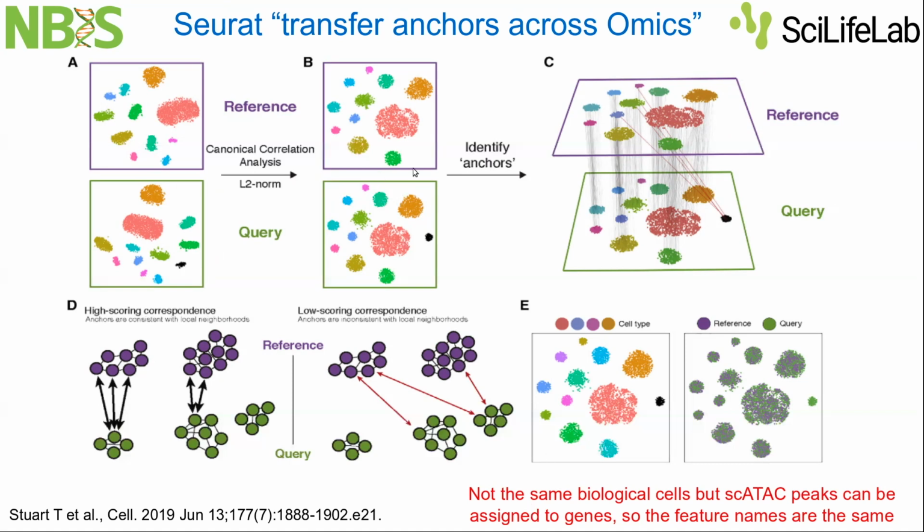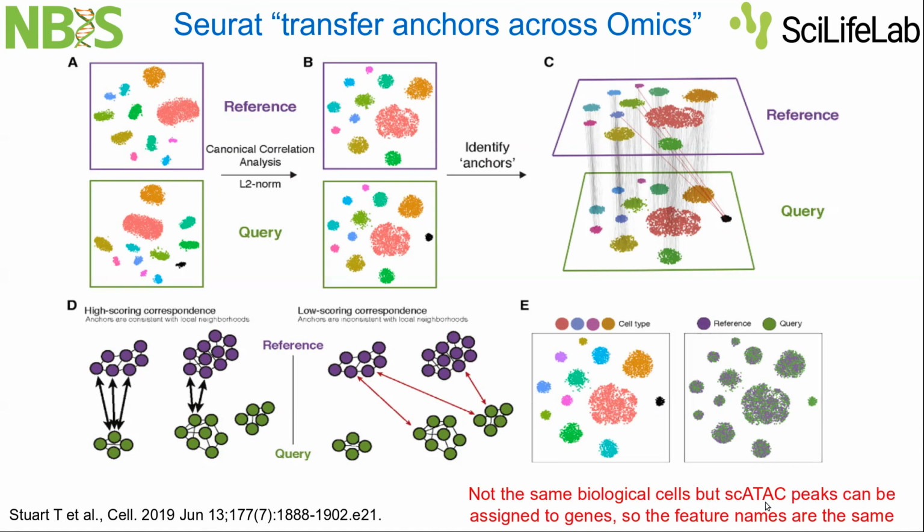As I said, this was early days, 2019. At that time, there were not so many technologies delivering multiple layers of biological data from physically the same cells. That's why for this method, they actually use different biological cells and different omics.